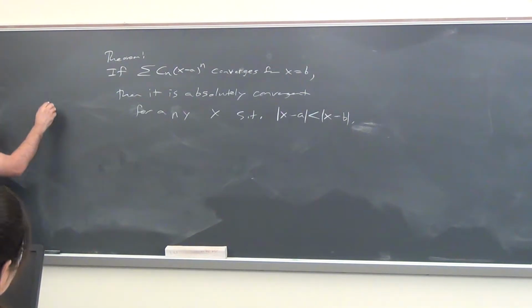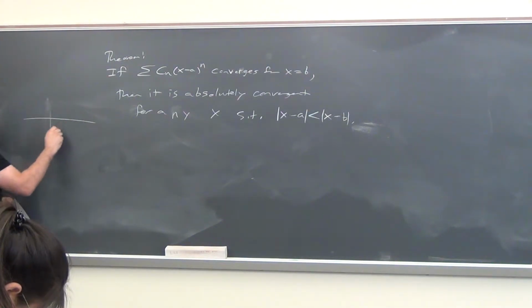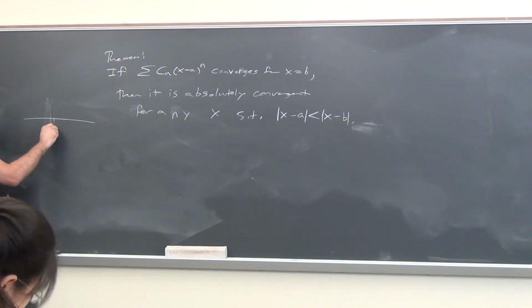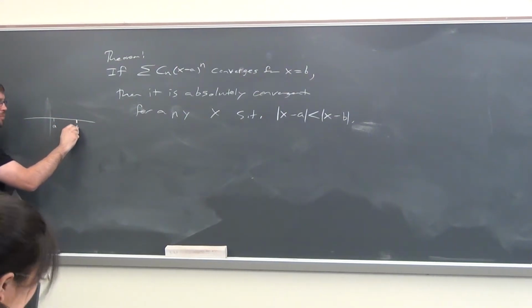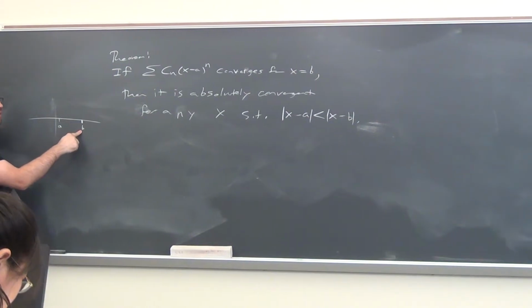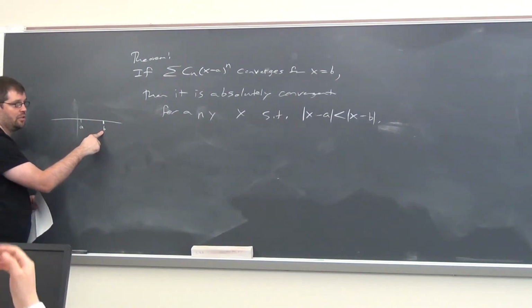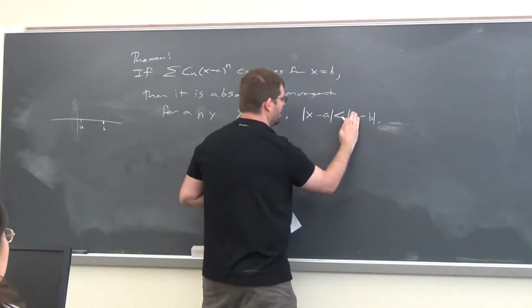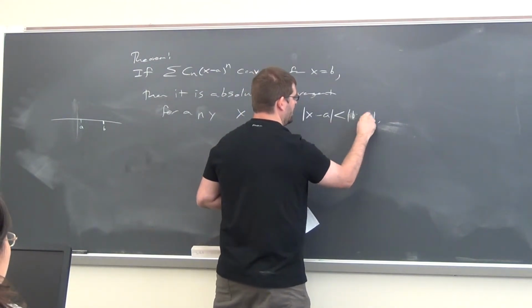So all it's saying is this, right? We know it converges at a, and if you get a b and you know it converges at b, oh, I put an x. I want b minus a here, right?